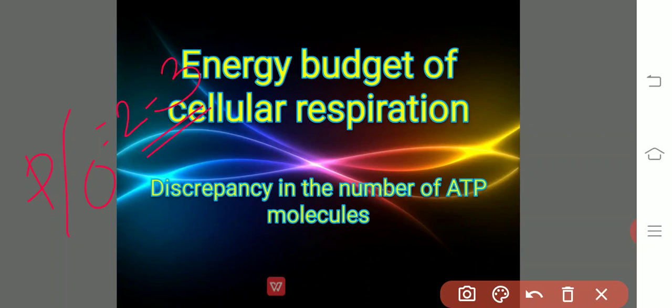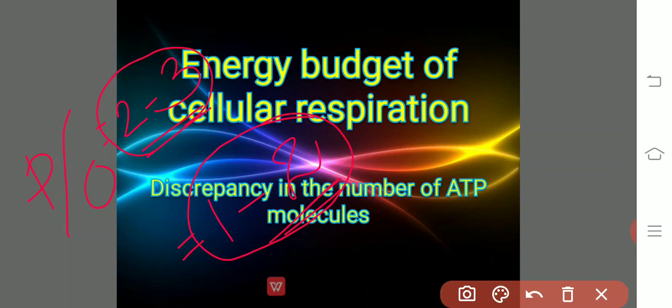Otherwise, if the electron donor is FADH2, the P by O ratio may be 1 to 2. That means that if the electron donor is NADH, 2 or 3 ATPs are going to form, and if the electron donor is FADH2, 1 or 2 ATPs are formed from their substrates.